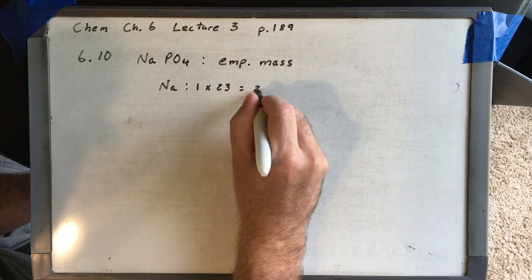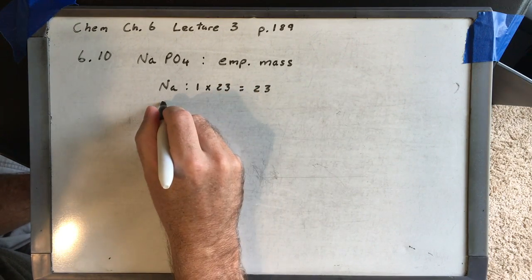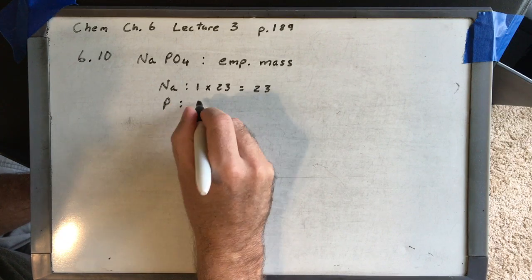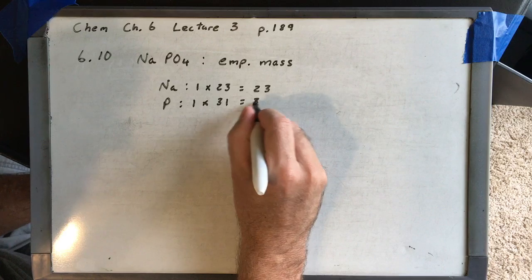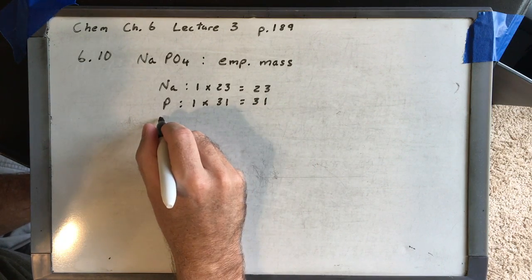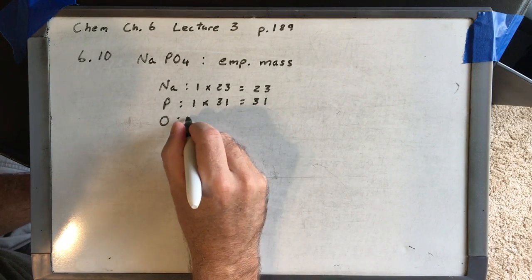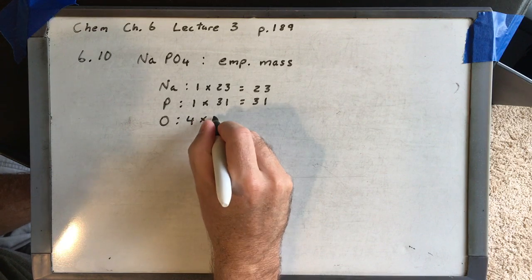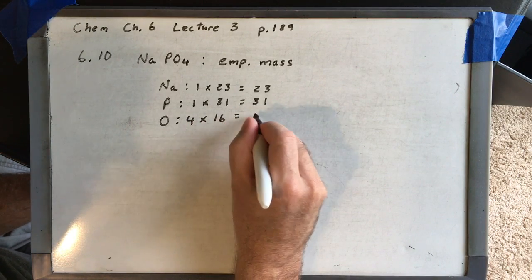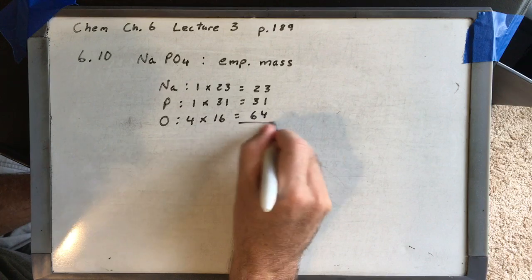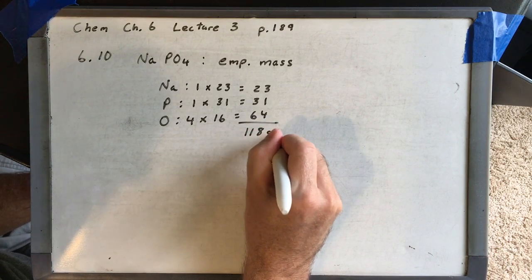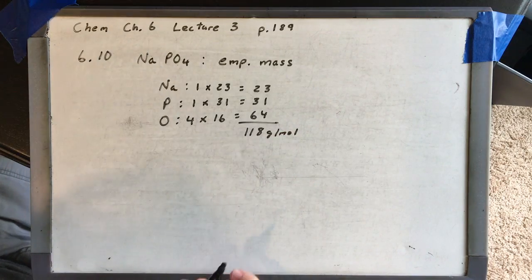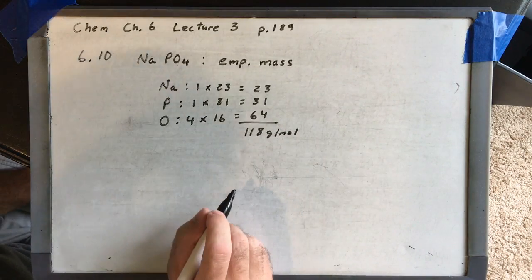So that's 23. We have 1 phosphorus, so that's 1 times 31. And we have 4 oxygen, each oxygen is 16, so that is 64. If you add that up, you'll get 118 grams per mole. That is the empirical mass.